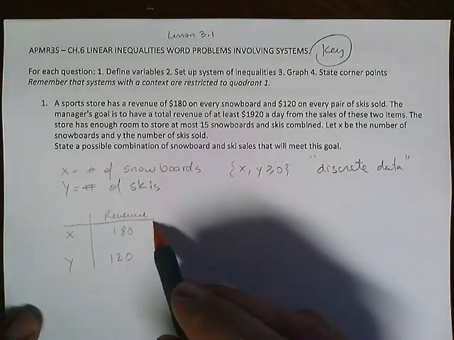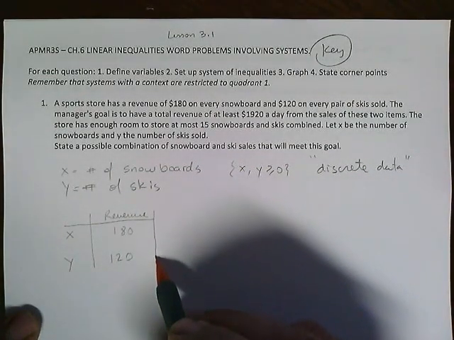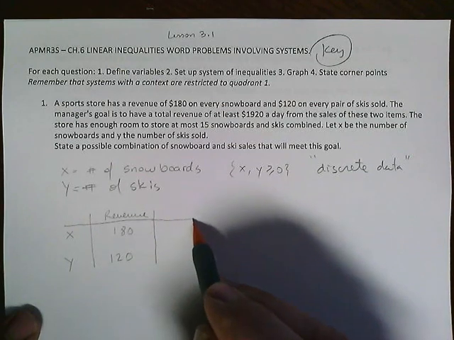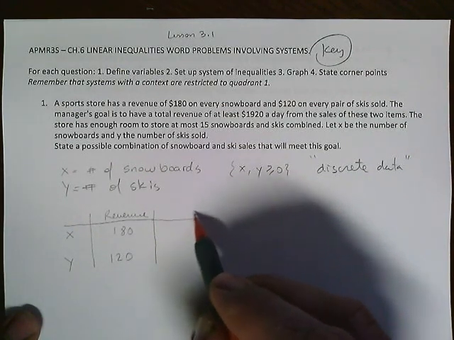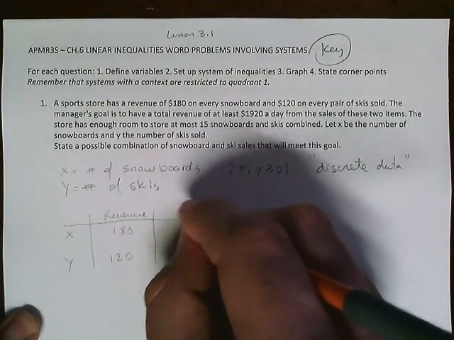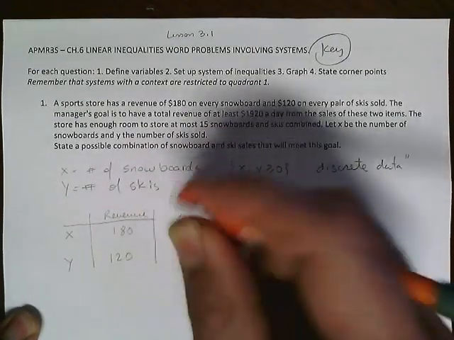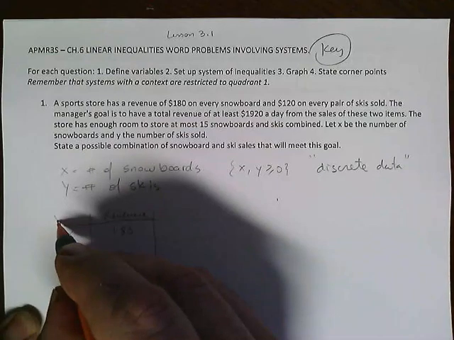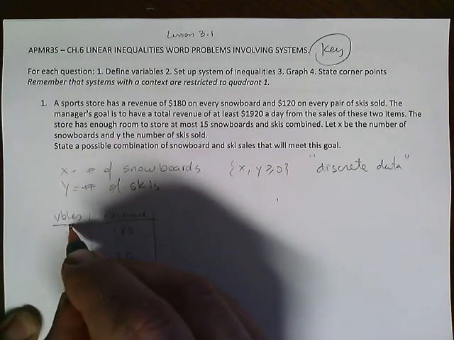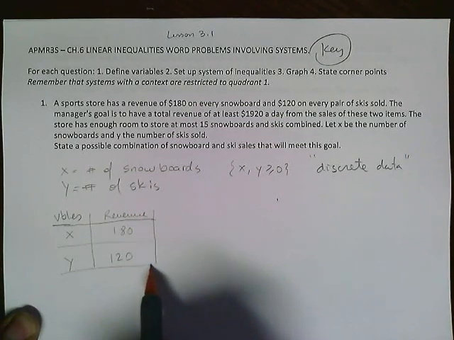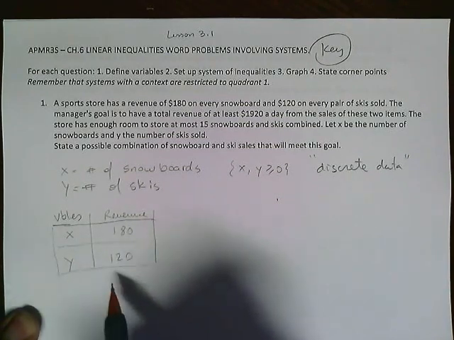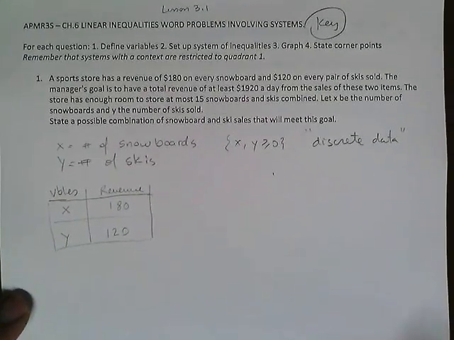And so also the number of items. So in this case there's nothing else, so we'll just leave it at that. This is our chart, this is our variables, and this would be X and Y, right? So you have your chart set up, and that's our starting point.